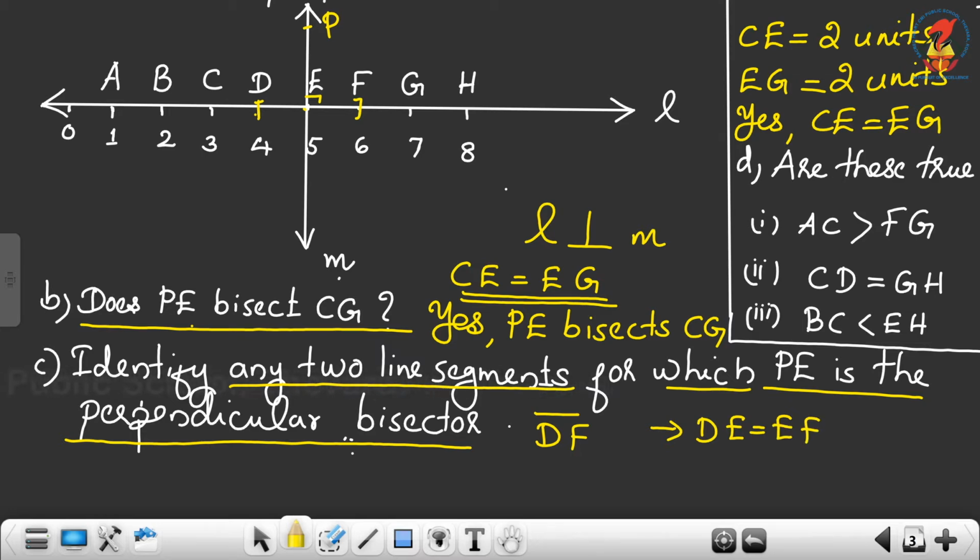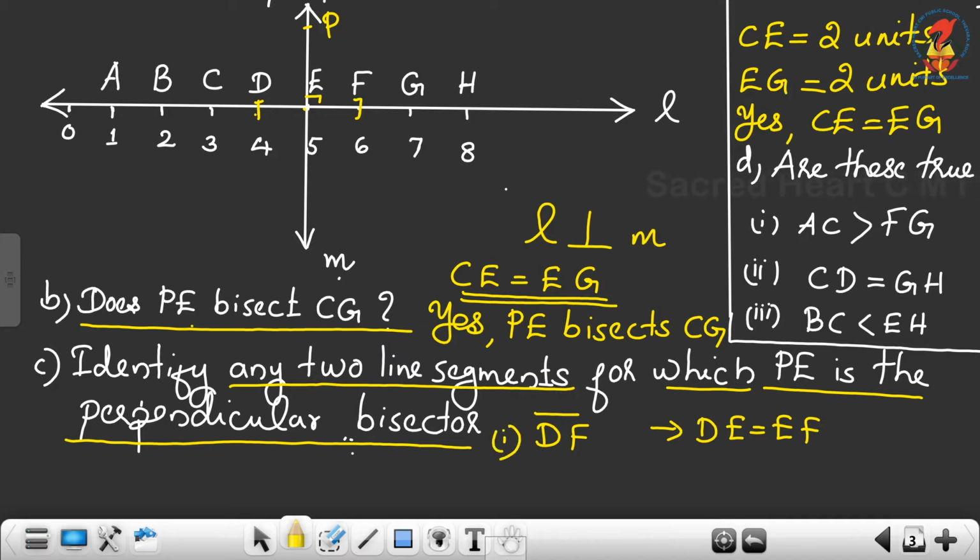So, what is the length of DE? 5 minus 4, 1 unit, and what is the length of EF? 6 minus 5, 1 unit. So, the lengths of line segments DE and EF are equal. Therefore, we can say that P bisects DF. So, we got one line segment DF.